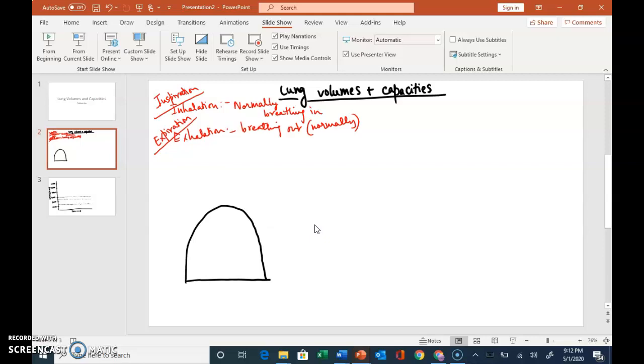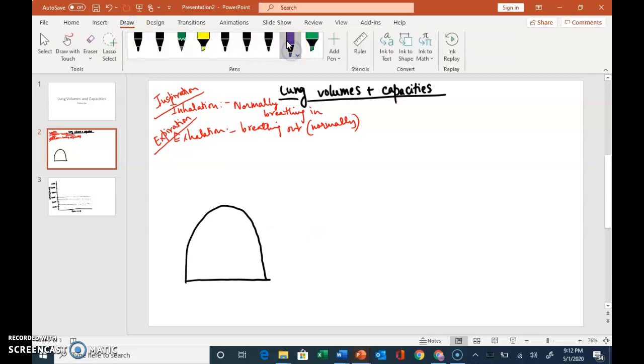And now you are going to take another breath in, breathe in normally. So what you are doing, you are adding some air into the lungs, right? So your lung volume is increasing. Do you agree? So you are breathing normally and you are putting some air into the lungs.